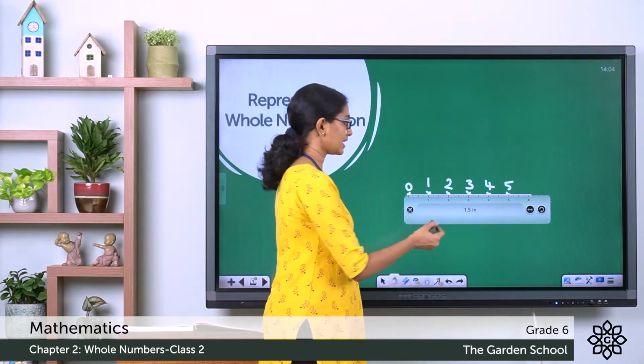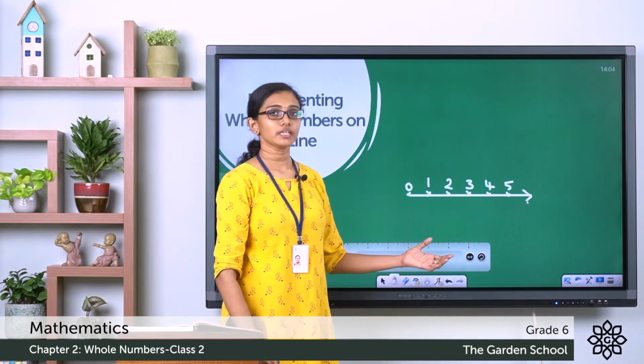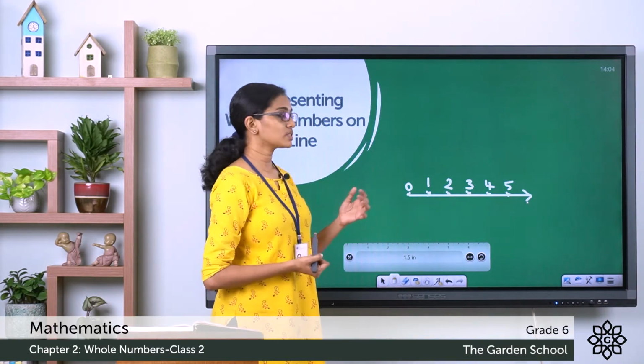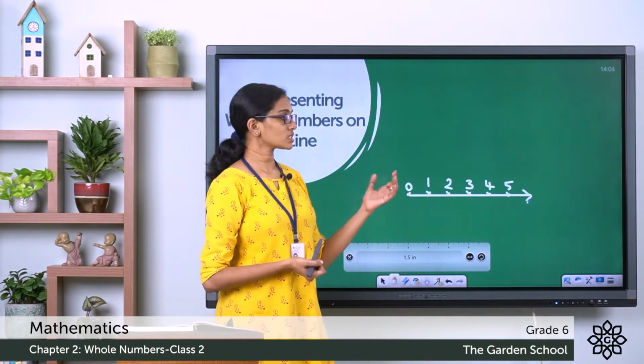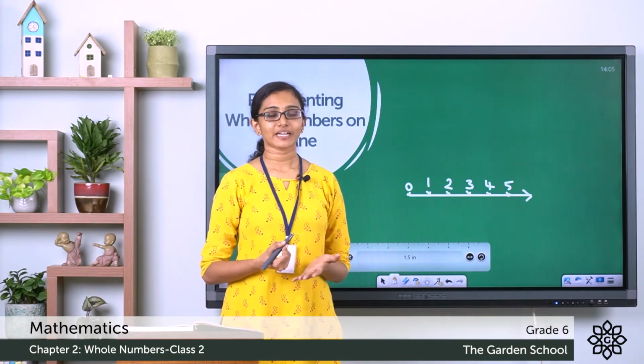Now you can set aside the ruler and put an arrow at one end. This means it is extending in that direction. So it starts from 0 and extends infinitely in the other direction. So this is a number line that represents whole numbers. Hope you are clear with this.